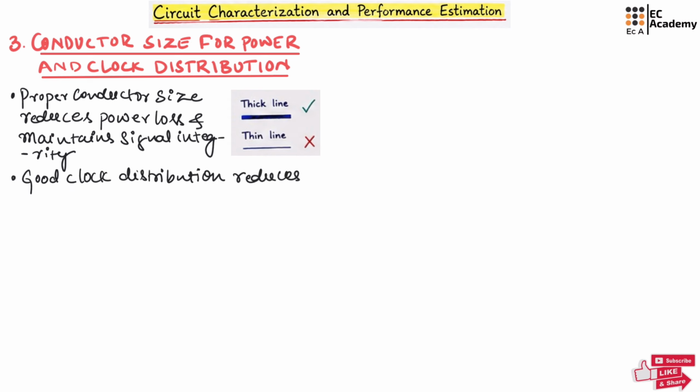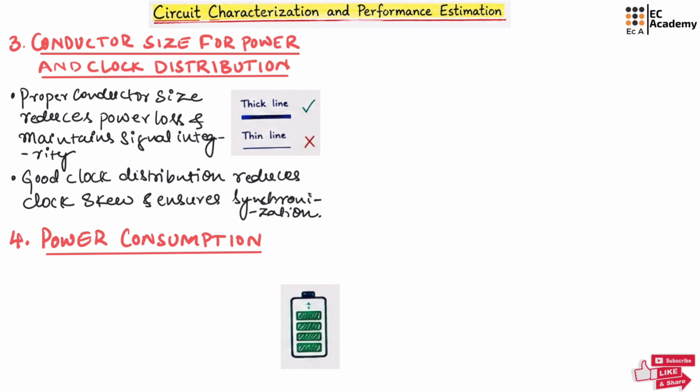Similarly, good clock distribution reduces clock skew and keeps all parts of the circuit working together. So you need to remember, proper conductor size reduces power loss and improves the signal quality, and good clock distribution helps in synchronization between different circuits.